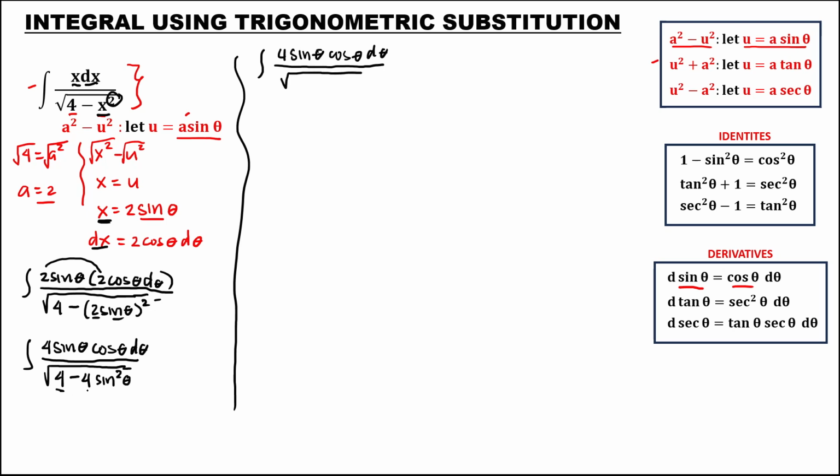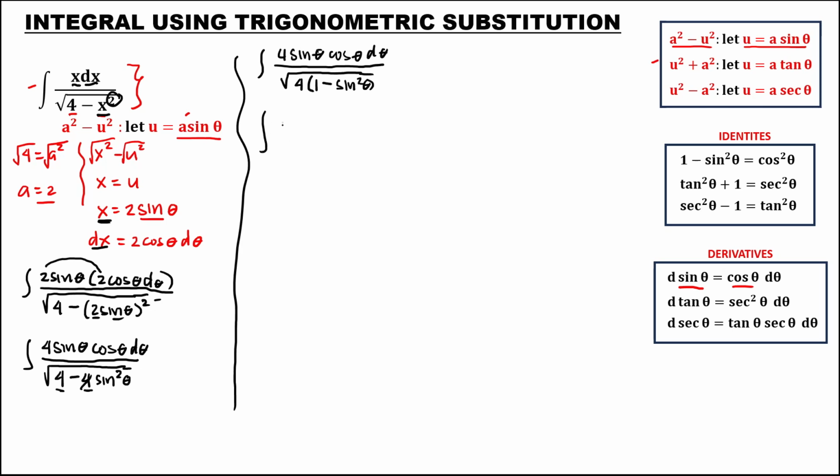So we can put this common 4 outside. So we have 4, then this 4 divided by 4 is 1, then minus 4 divided by 4, so the remaining is sine squared theta.